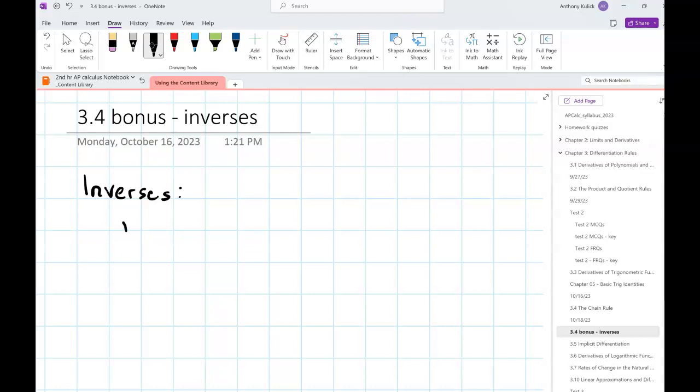Like g of f of x would equal the same thing. Their composition gives you x. One function cancels the other function out, right?